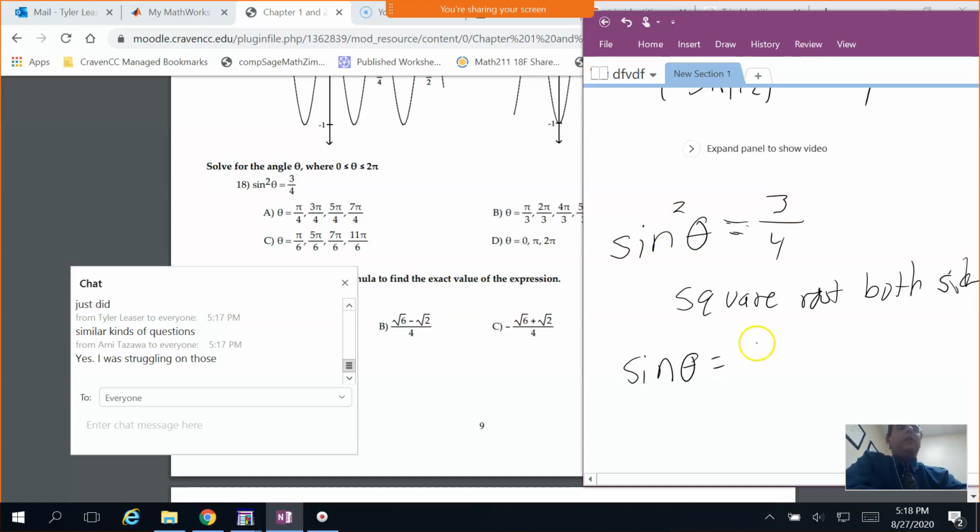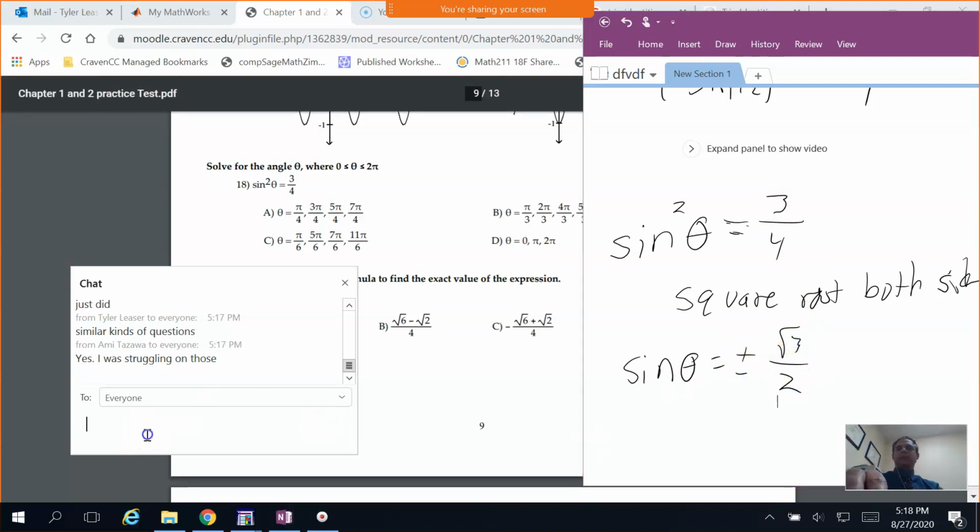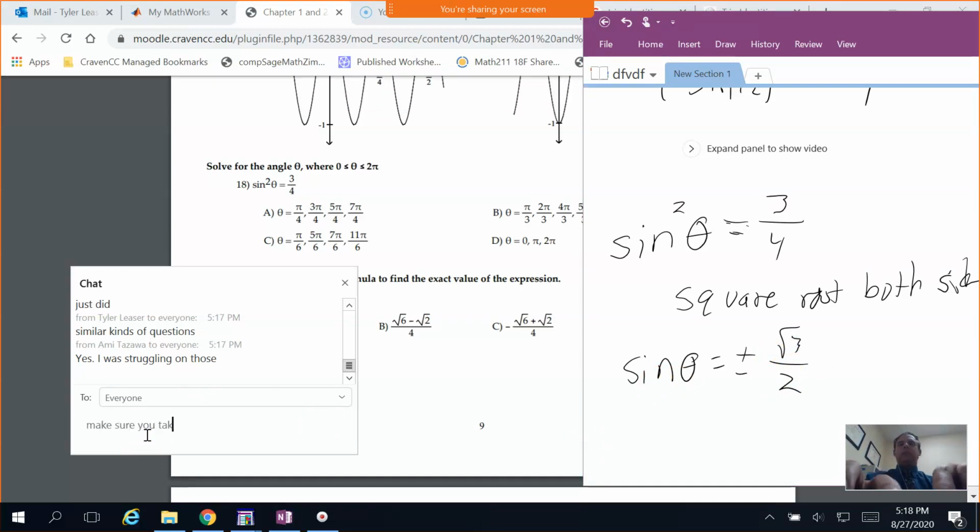When you take the square root of the other side, you do need to worry about the plus and the minus. Then you're going to do the square root of the top and the square root of the bottom separately. Make sure you take the plus and minus of the other side, then square root the numerator and denominator.